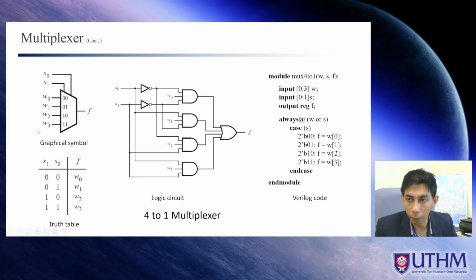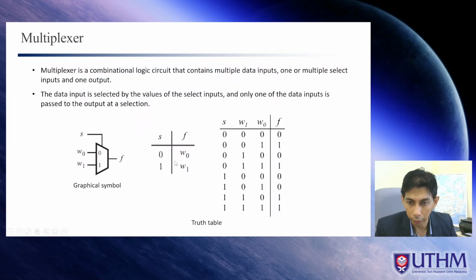But if we have four possibilities like this, we need two bits or two wires for the control, such that we can have 00 for W0, 01 for W1, 10 for W2, and 11 for W3. And this is the simplified truth table, like this one, right?